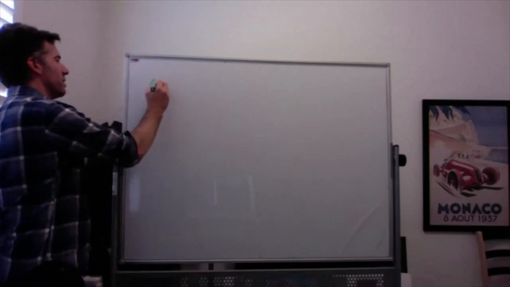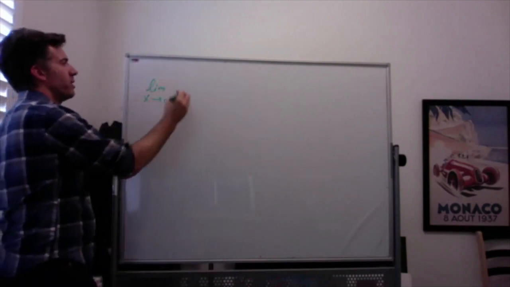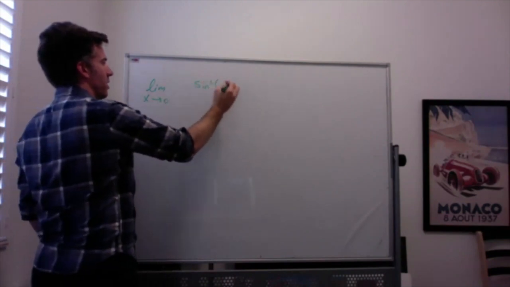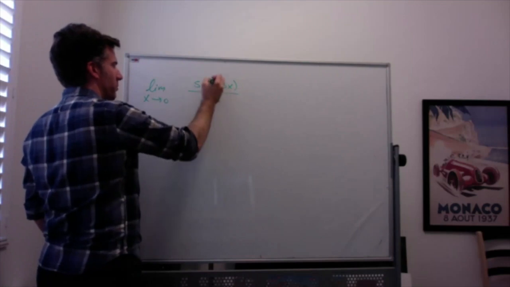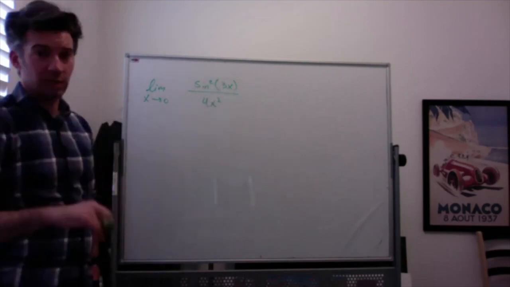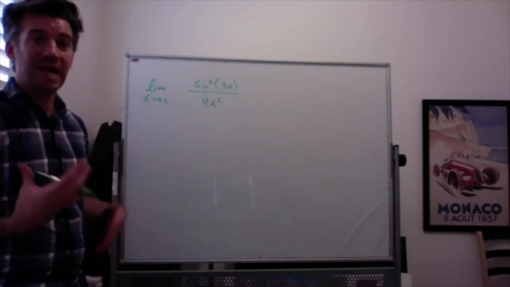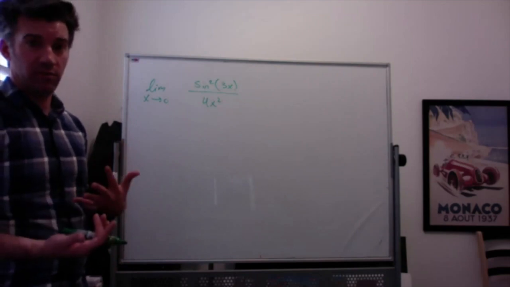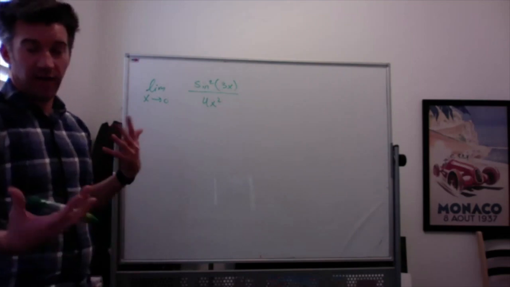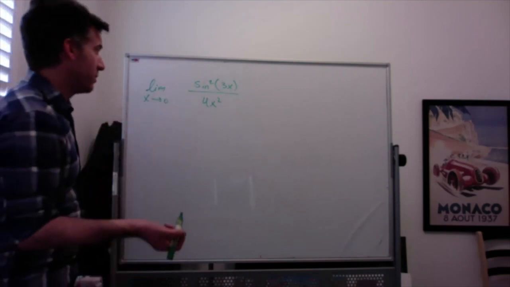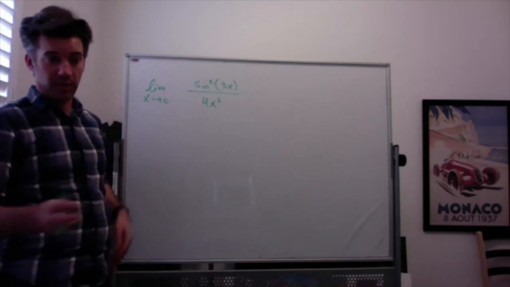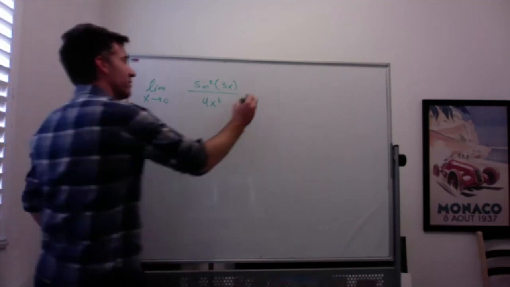So let's look at one like this. Limit as x goes to 0, sine squared of 3x over 4x squared. And here's what I want to warn you against. This limit is not going to end up being 3/4, right? Our other examples have been like we just take the coefficients and it works out nicely, but that's not what we have here. So this is really where I think breaking it up into the component pieces is very, very useful.